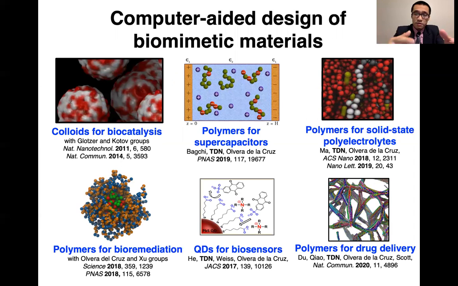Over the years, I have been using multi-scale modeling, computer simulations, and big data analysis to help experimentalists and theorists design colloids, polymers, and quantum dots to engineer different kinds of nanostructures used in a wide variety of applications shown in this slide.